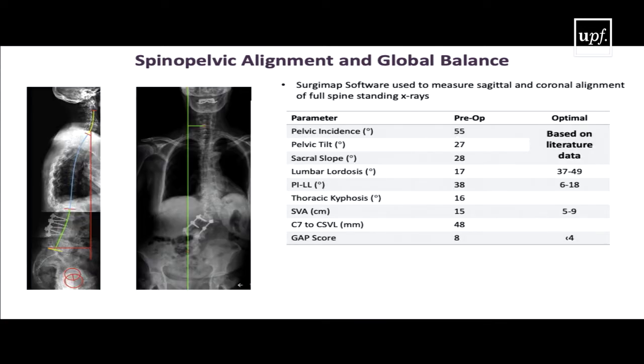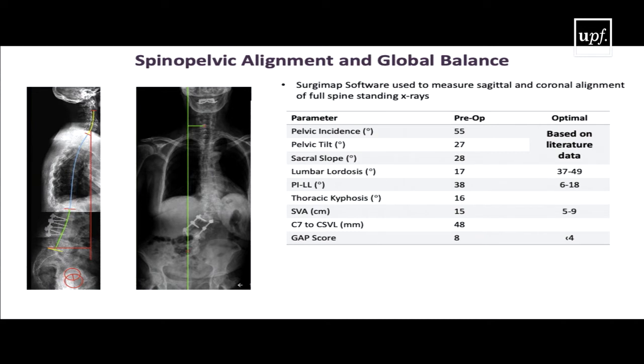Here you can see the evaluation of this patient. The patient had a pelvic incidence of 55 degrees. On the other hand, the lumbar lordosis was only 17 degrees. Based on the previous clinical studies, and this concept, the global balance concept and the thoracolumbar alignment concept is about 15 years old.